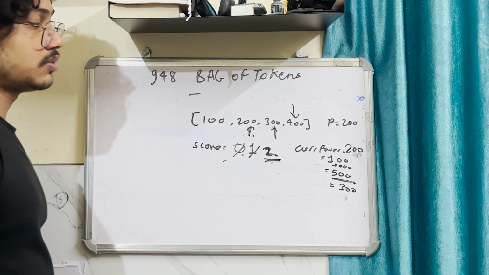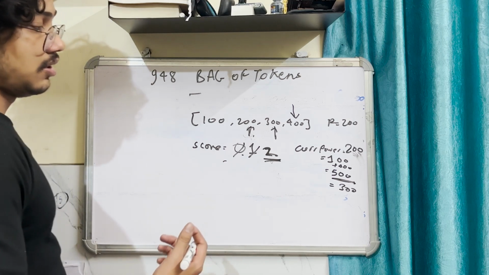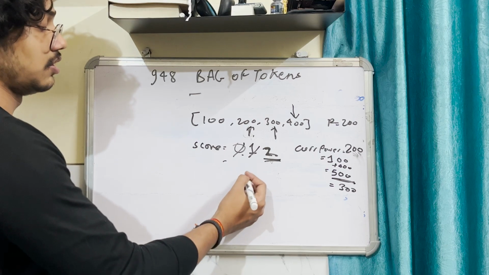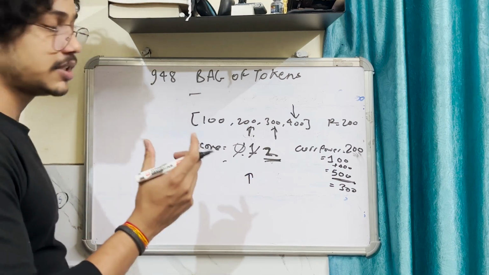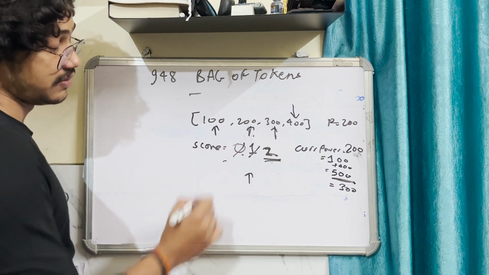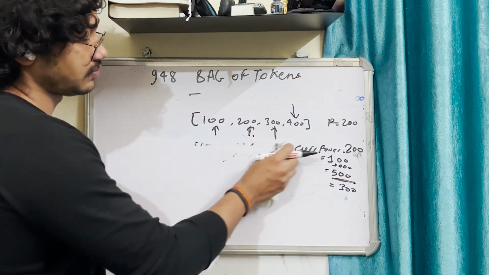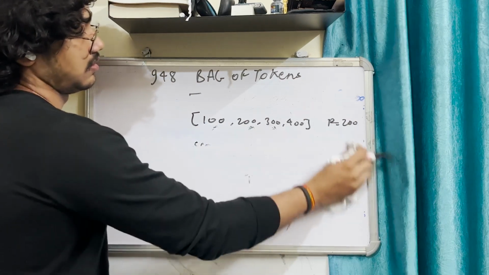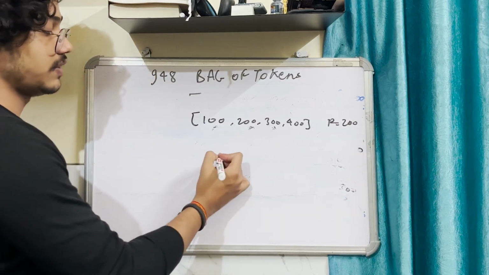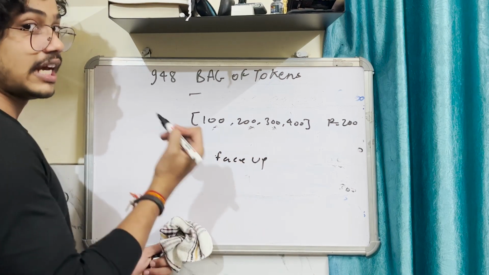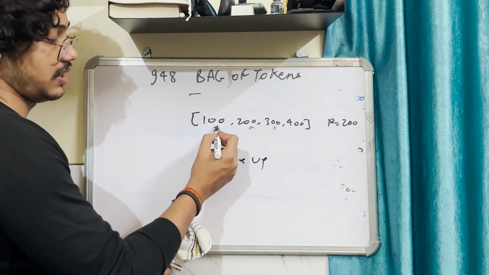So the main crux was, whenever you are doing face up, you want to lose as minimum as possible of your power, which will be from the left hand side. Okay, let me rub all this. So when you are doing face up, you want to lose as minimum of your power, like here.